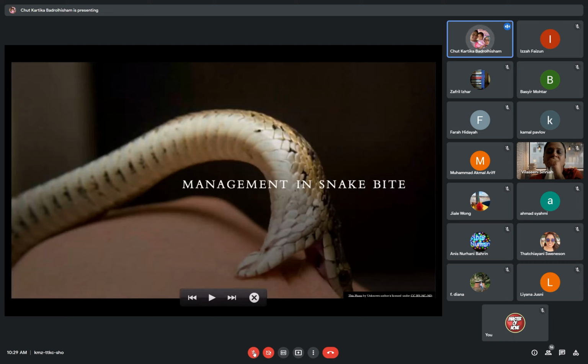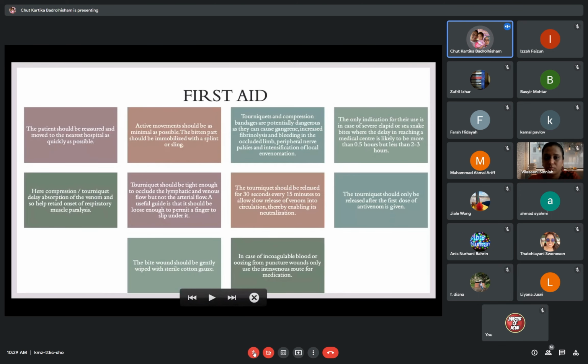So management in snake bite. First aid when it happens at the site. We make sure the bitten part is immobilized. We can help immobilize with a splint or sling.